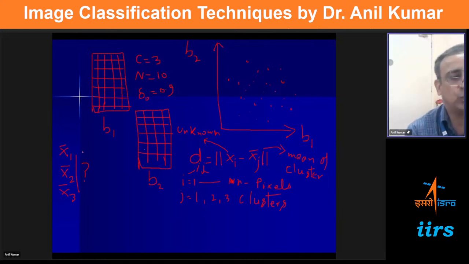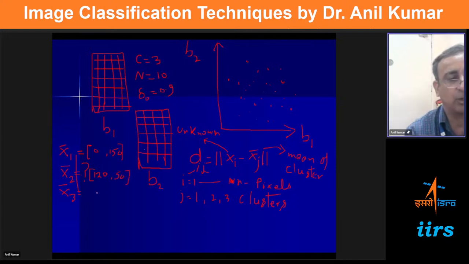So what we can do is assume the mean vector of cluster 1, the mean vector of cluster 2, and the mean vector of cluster 3. Since my image is two-dimensional, the vector assumed here will again be two-dimensional. I can assume a value here, 0 and 150. I can assume here, suppose, 120 and 50.